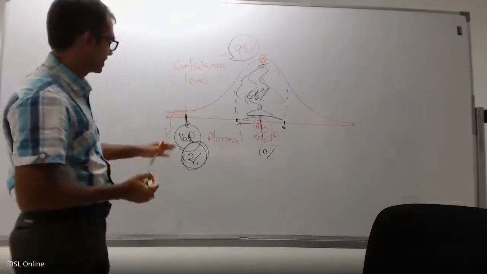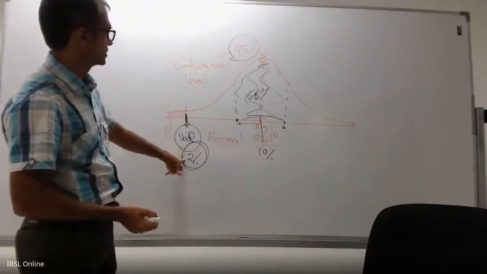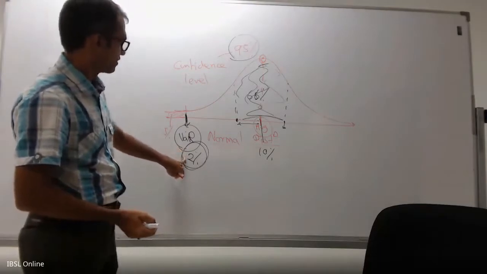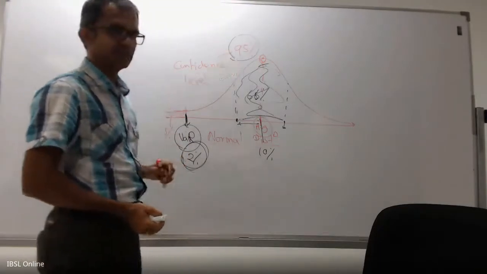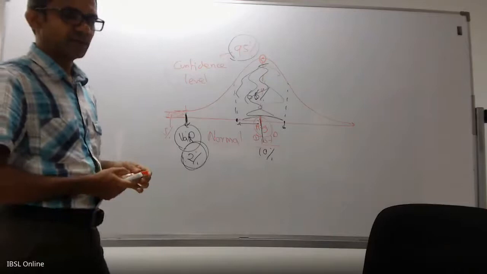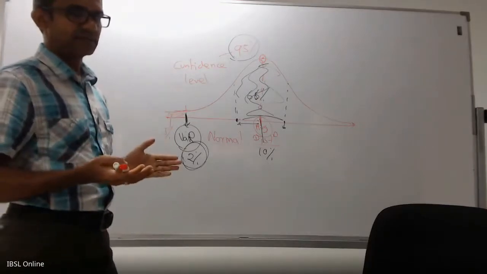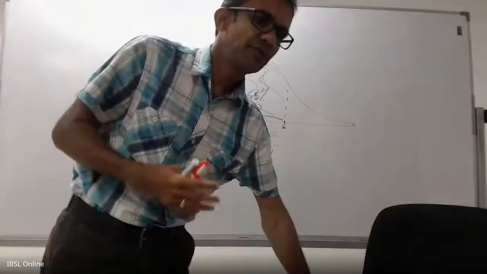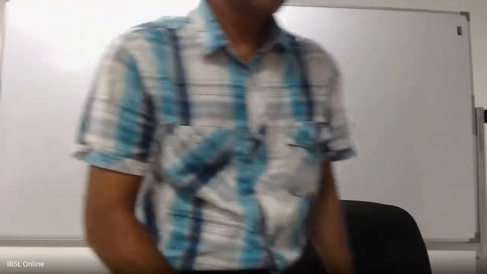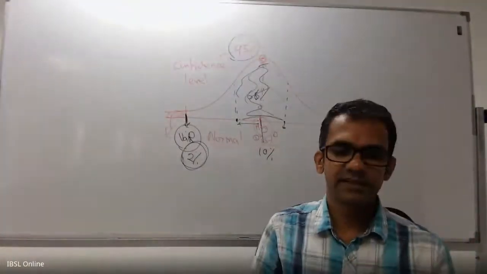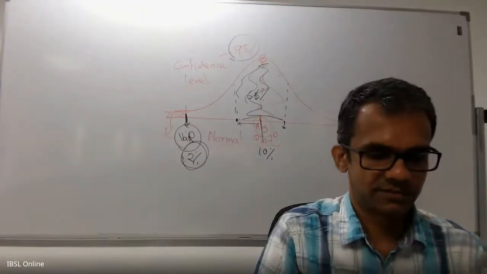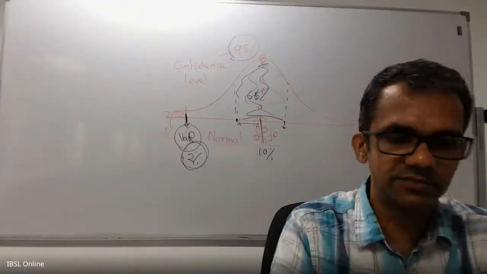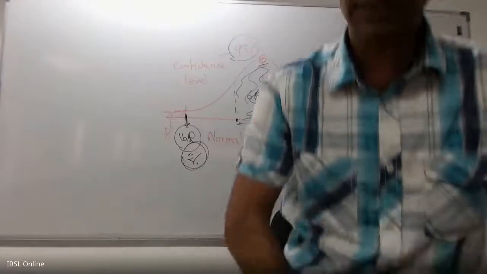So when we say value at risk is 2% for a 1 year period at 95% confidence level, that means within a 1 year period, we have 95% confidence that we may not incur a return below 2%.